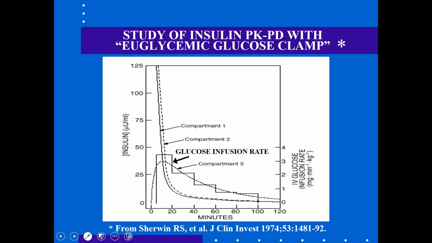In other words, the investigators infused intravenous glucose so as to maintain constant blood sugars, even though insulin was acting to increase glucose uptake by skeletal muscle. And here's the slow equilibrating compartment in their 3-compartment model, and you can see it parallels skeletal muscle uptake of glucose, if you will.